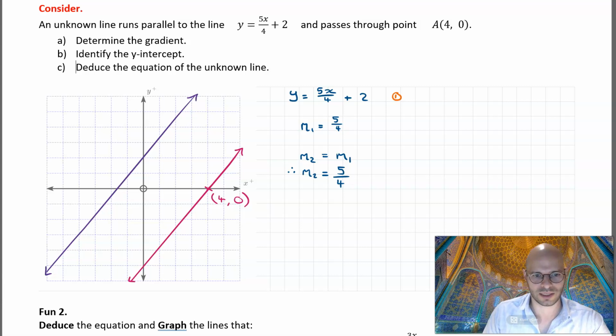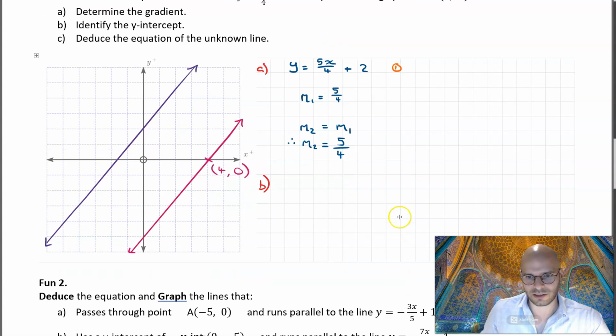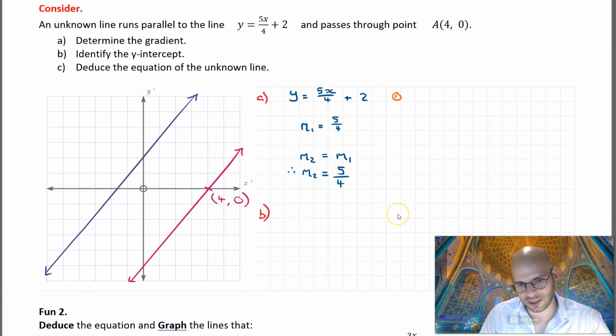Now part B, we need to determine our y-intercept. So let's label that A, and we'll go. To do this, we need to think of the information that we currently have. We know that we are going to pass through point (4, 0), and we have a gradient of 5 over 4.